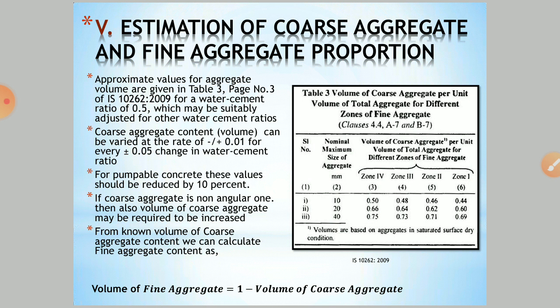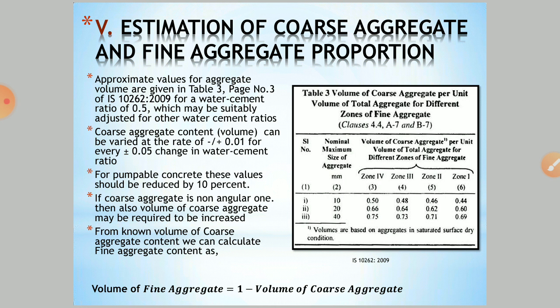Third, for pumpable concrete, these values should be reduced by 10%, meaning the volume of aggregate we have to reduce by 10%.